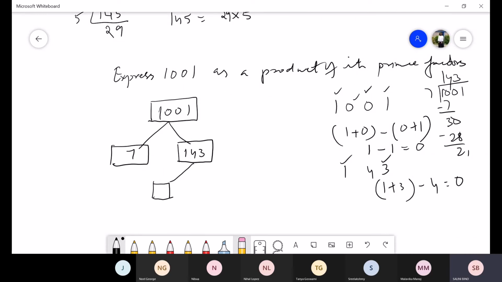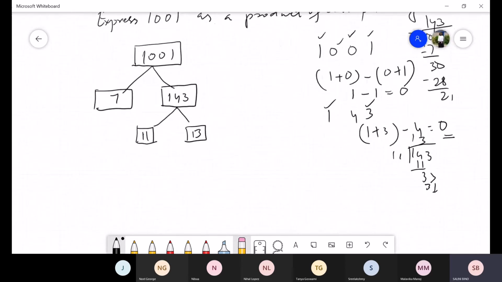Alternate digits you add and then subtract. If you get 0, then we can conclude that it is divisible by 11. So you can divide 143 by 11 and see. 143 divided by 11 is 13. So I'll write here 11 and the other factor is 13.